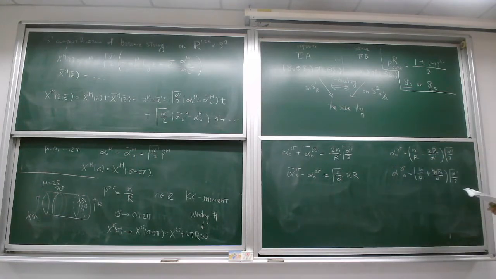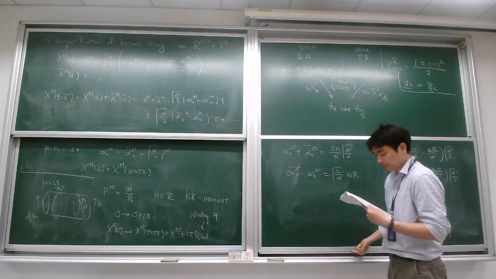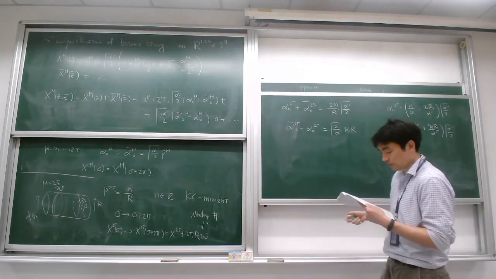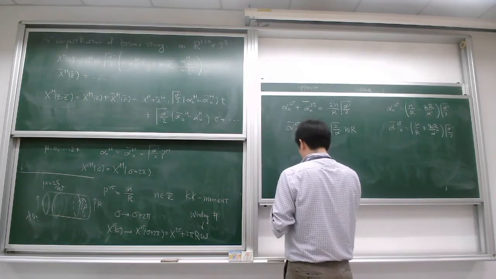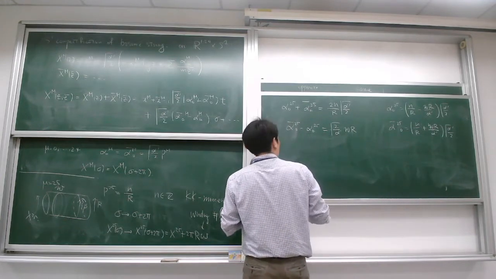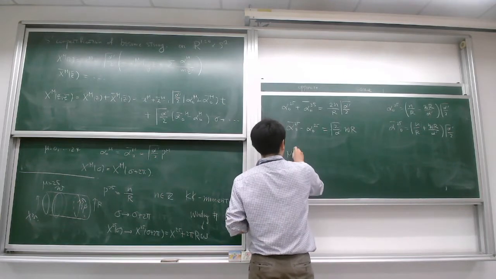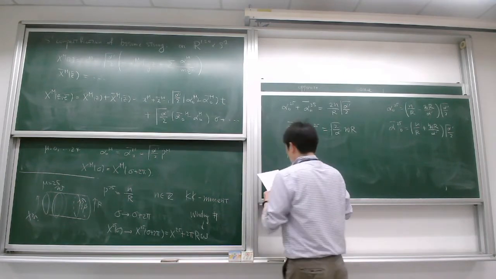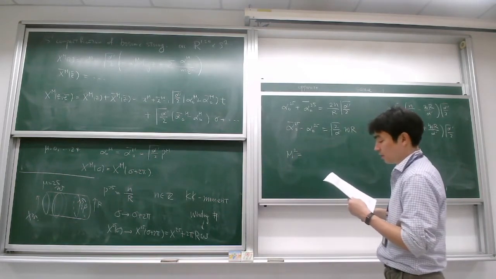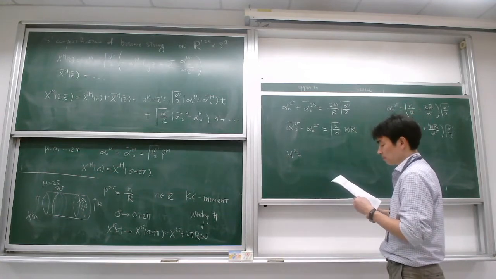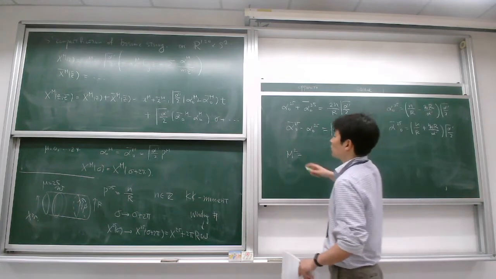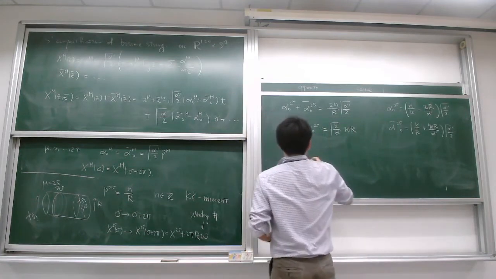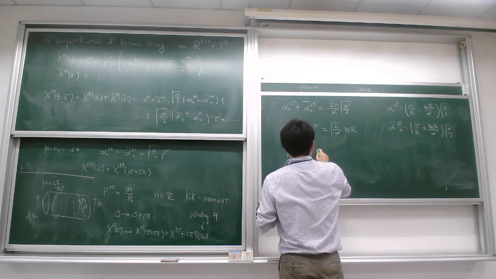Now let's look at the mass spectrum. If you just do the circle compactification, this mass can be understood.